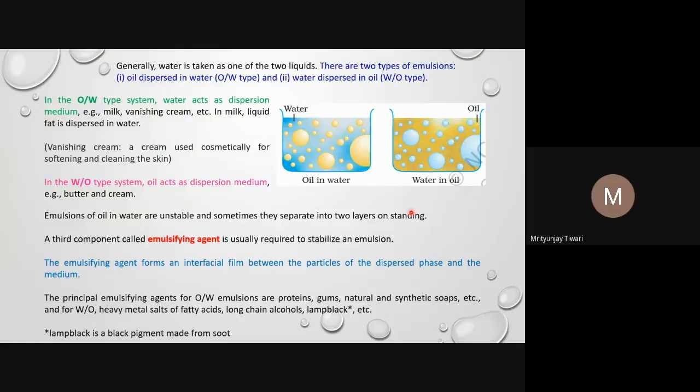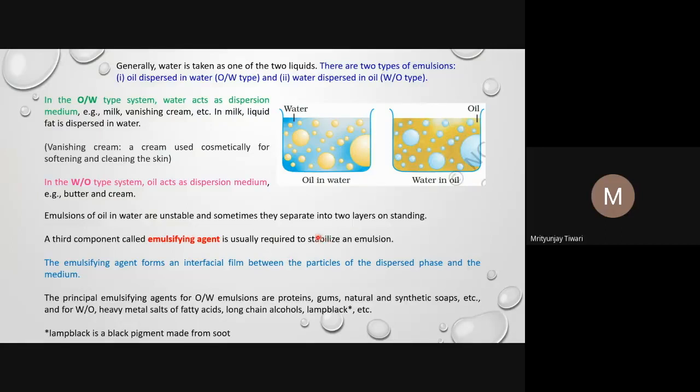So emulsions of oil in water are not stable, and a third component called an emulsifying agent is usually required to stabilize an emulsion. The casein protein in milk is the emulsifying agent.